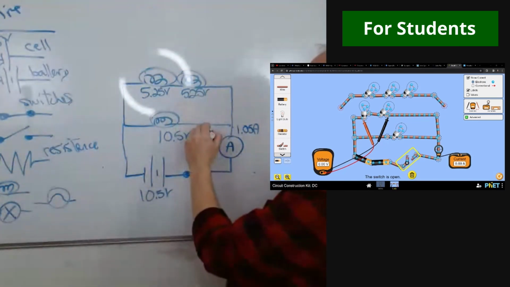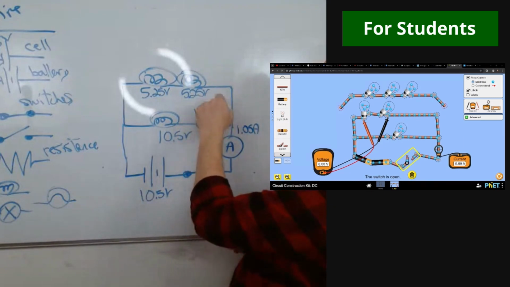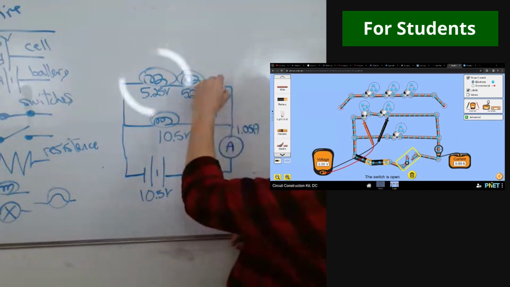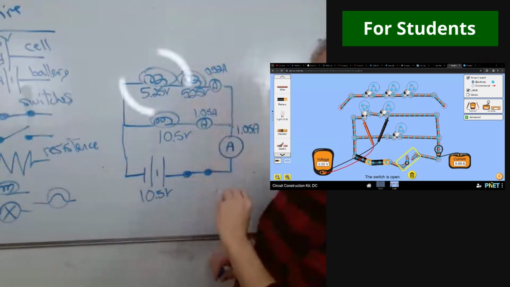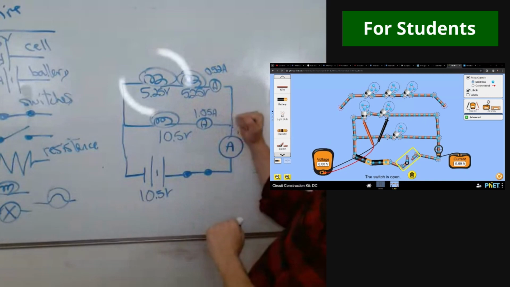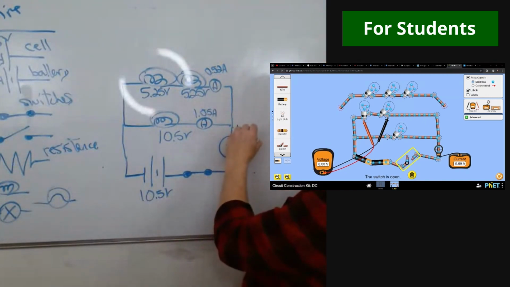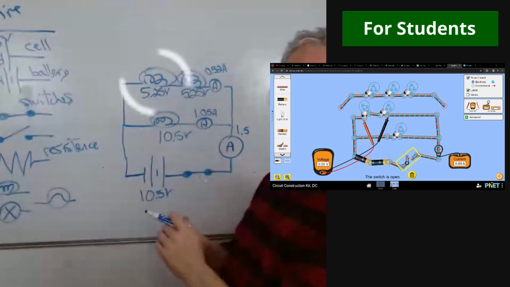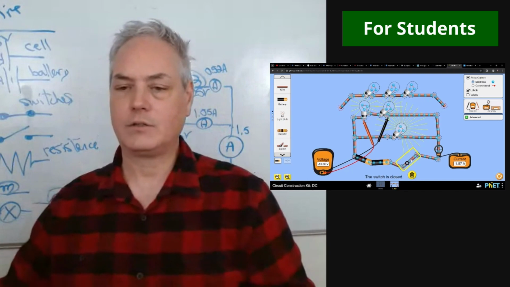We noticed here that when there's one bulb with an ammeter, it's 1.05 amps. When there are two, it is 0.52 amps, which is half of it. And here we have the sum of all the amps so far. Just making sure of the total. There we go.